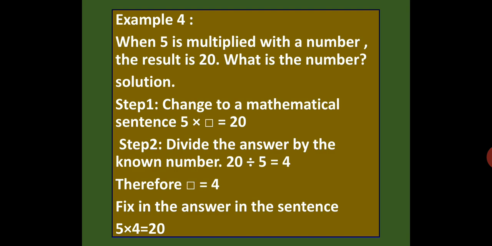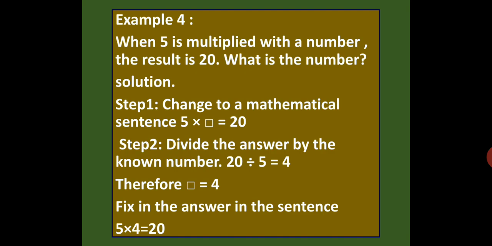Okay? 5 is the known number that you are multiplying with a box to give you 20. Now the answer is 20. So what are you going to do? Divide the answer by the 5 that is given to you. So if you divide 20 by 5, what will you get? 4.